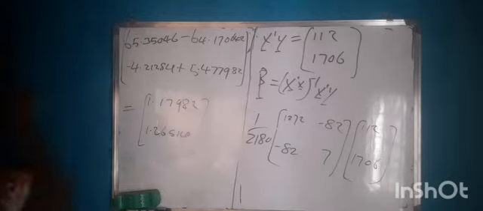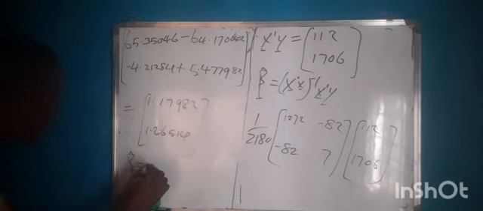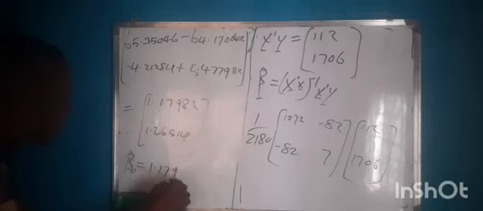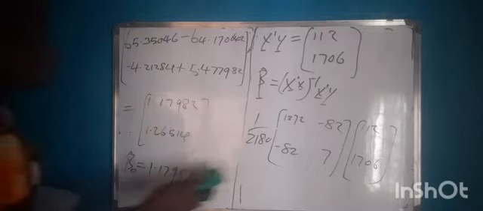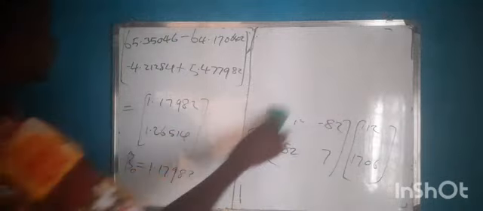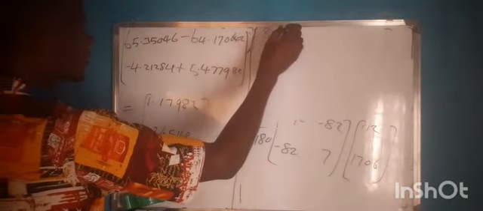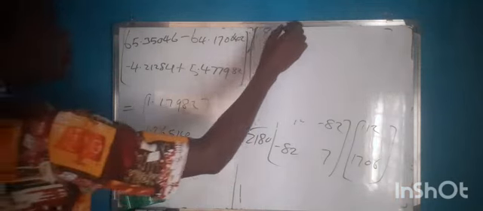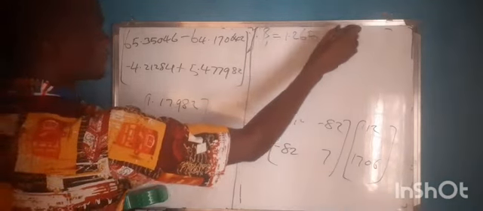So this implies that our beta cap is equals to what? Beta naught is equals to 1.17982. Okay, and our beta 1 cap is equals to 1.26514.